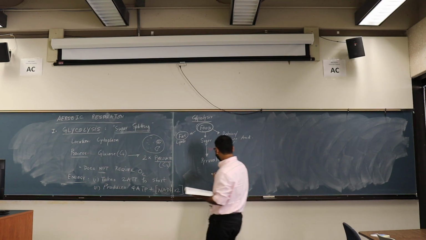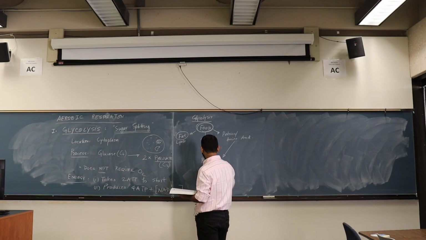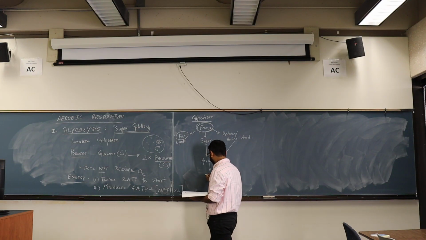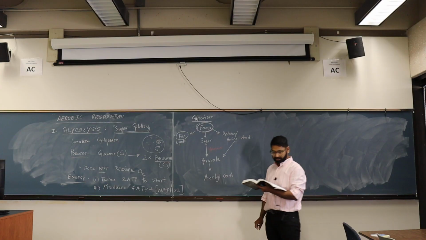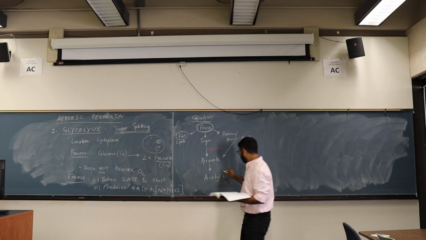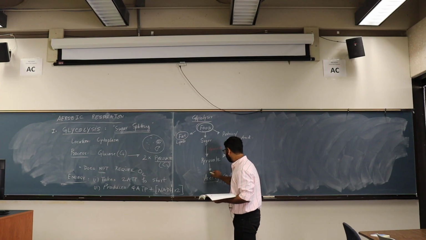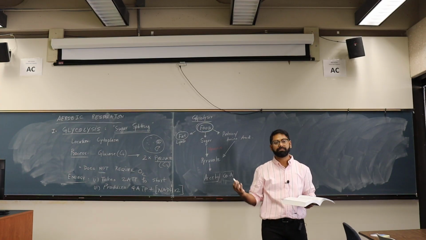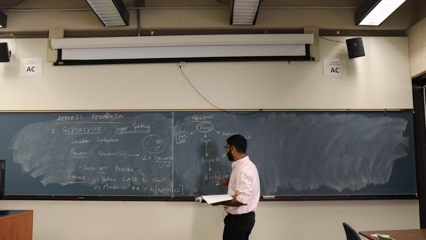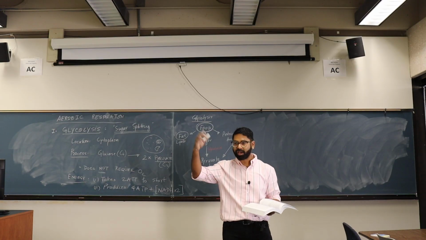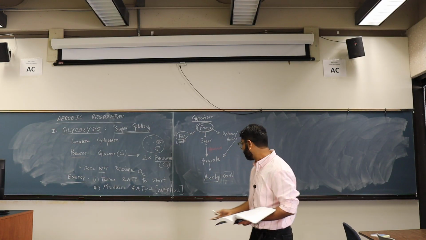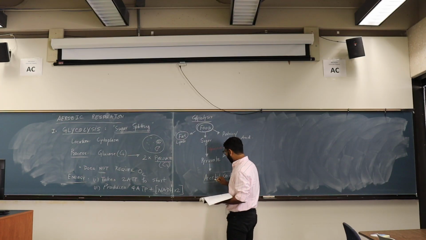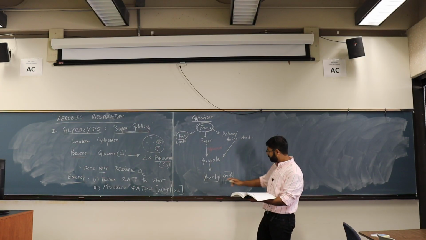This pyruvate has to then get converted into a thing called acetyl CoA. Just imagine that you have an acetyl group, and then there is this enzyme which is called CoA. These two come together and form a bond, like we saw in many other things. So you are forming acetyl CoA from this pyruvate.